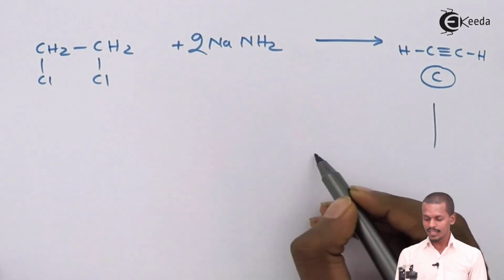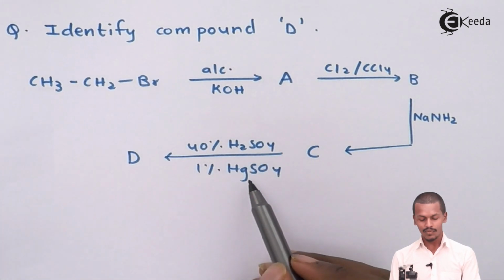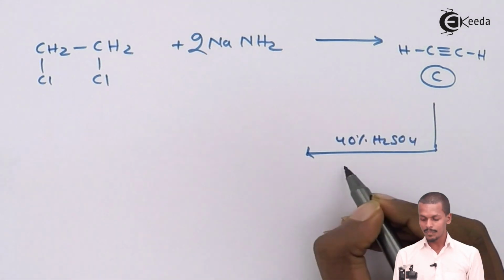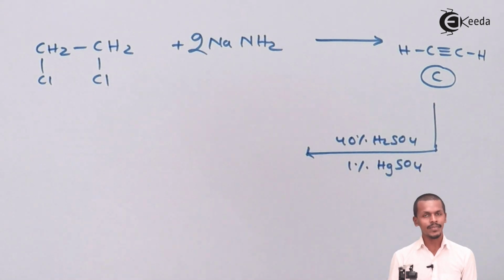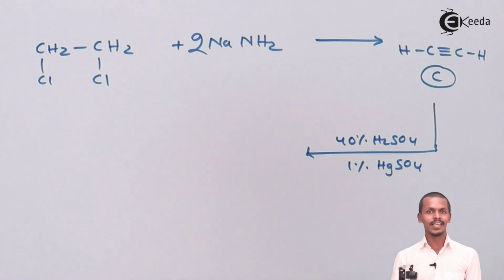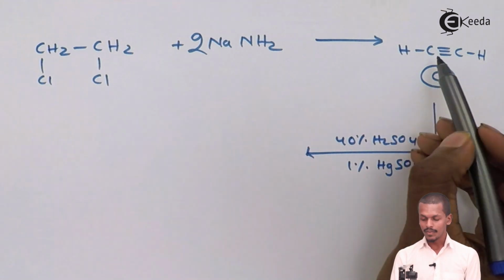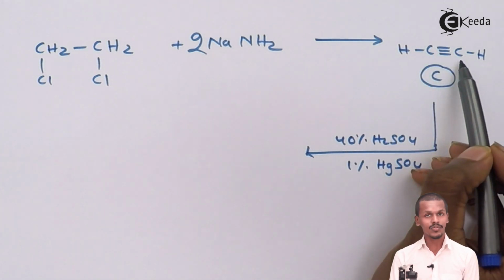And if this ethyne is now reacted with 40% H2SO4 and 1% HgSO4, this is a reaction where we are using even water molecules. That is the hydration process that takes place over here, and because of tautomerization a kind of aldehyde is formed. One H would be attached here, while the OH would be attached here.